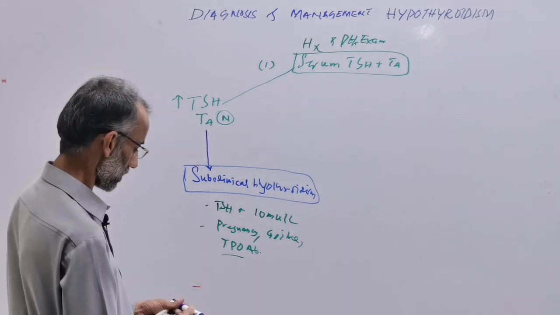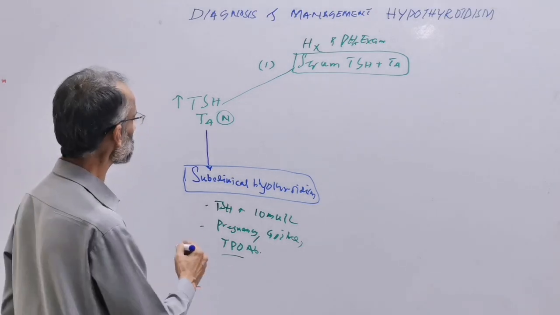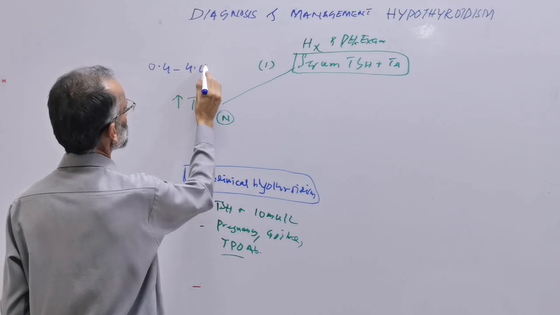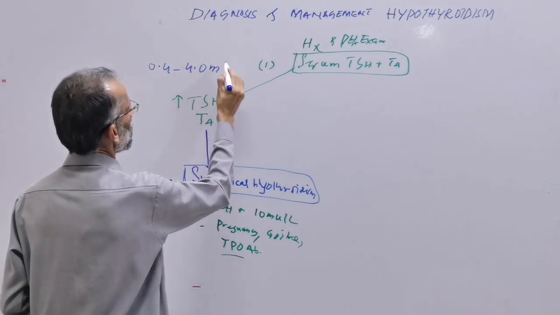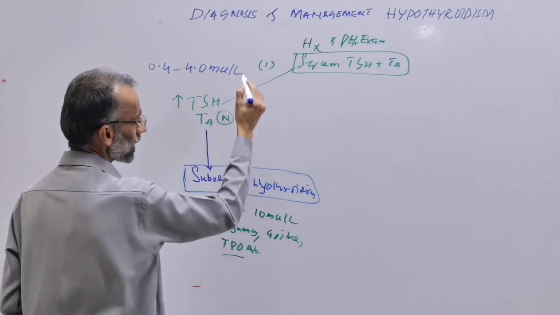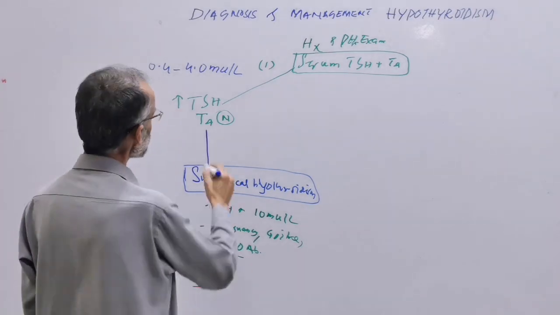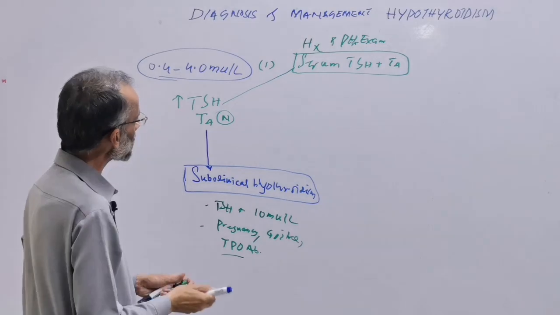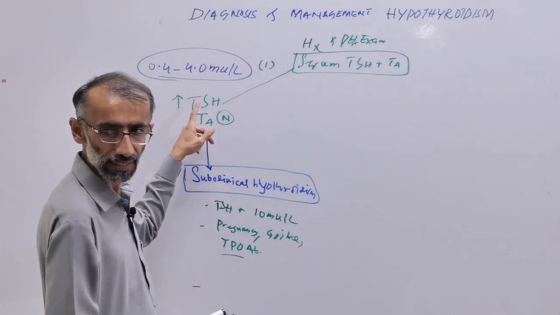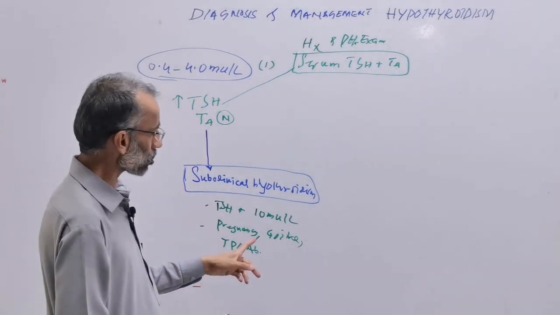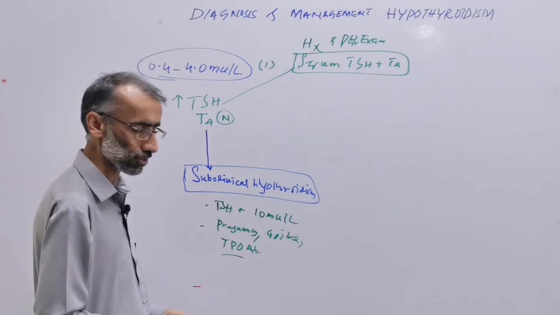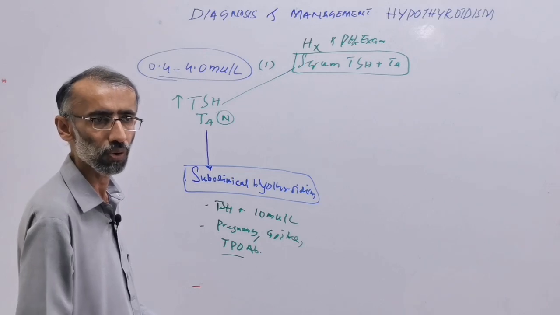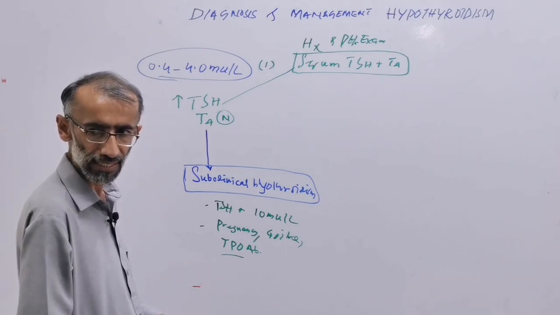What is the normal reference range of TSH? 0.4 to 4.0 milliunit per liter. If the TSH is 7, but there is no pregnancy, no goiter and no TPO antibody, would you like to treat it? No. Wait and see.